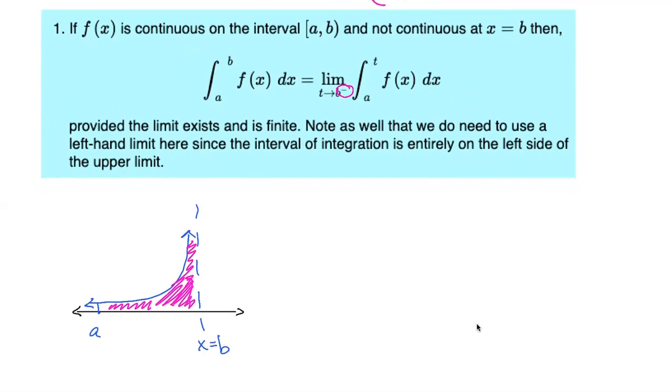Now, if I think about taking the limit, like I'm picking a t value, that t value is going to be somewhere here. And then I want to see as it gets really close to b, what happens. So my t is approaching b from the left-hand side.